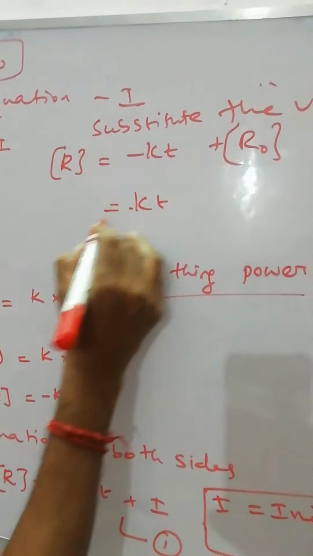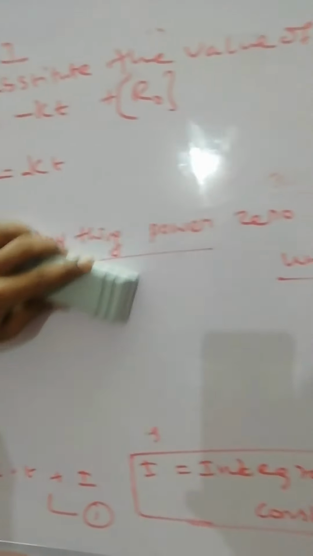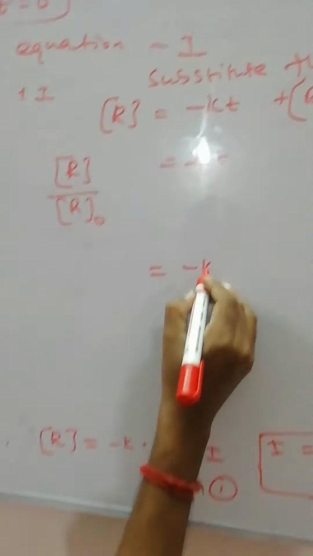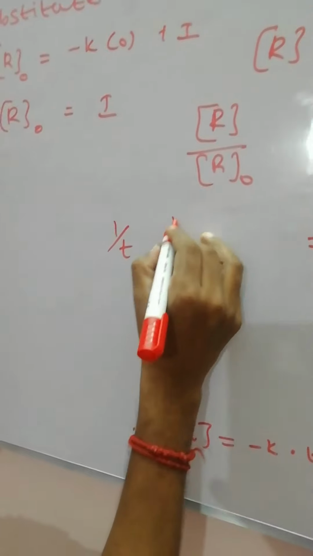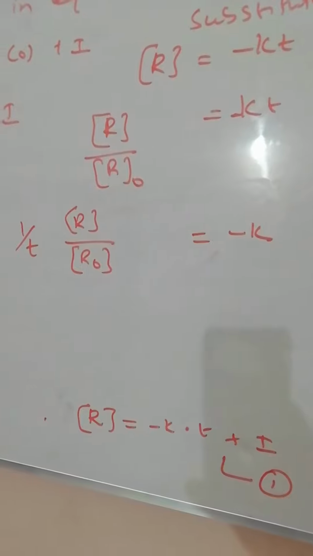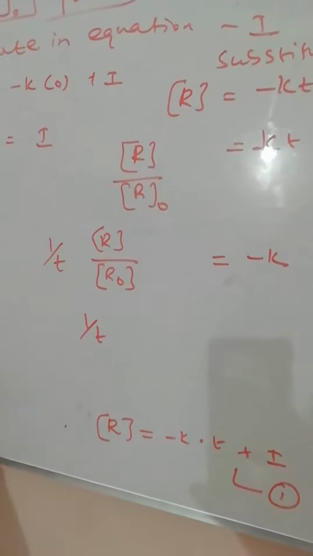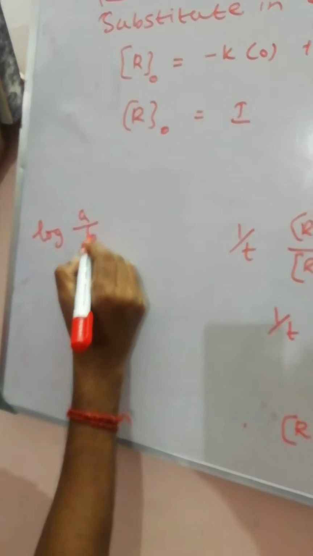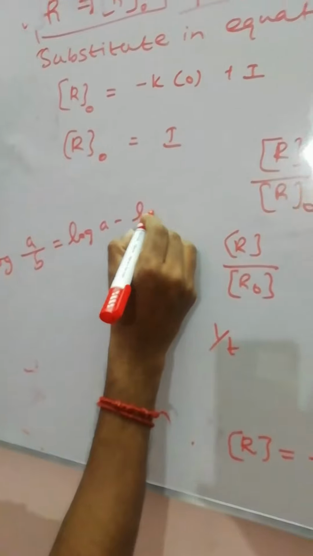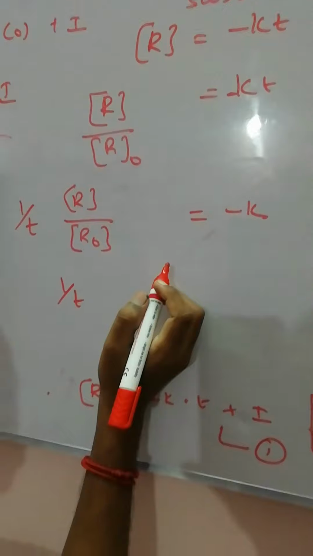Minus Kt equals R by R0, or we can write it in logarithm form, log A by B is equal to log A minus log B. So R by R0, we have to write it in a simple form.